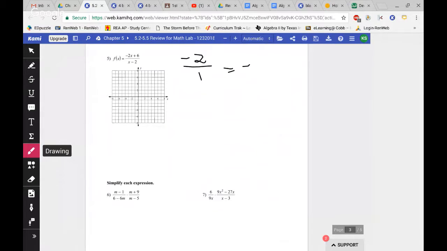So it's -2. That means the horizontal asymptote is y equals -2. Now the vertical asymptote is whatever is going to make that denominator a 0, because it's still not okay to have a 0 in the denominator.